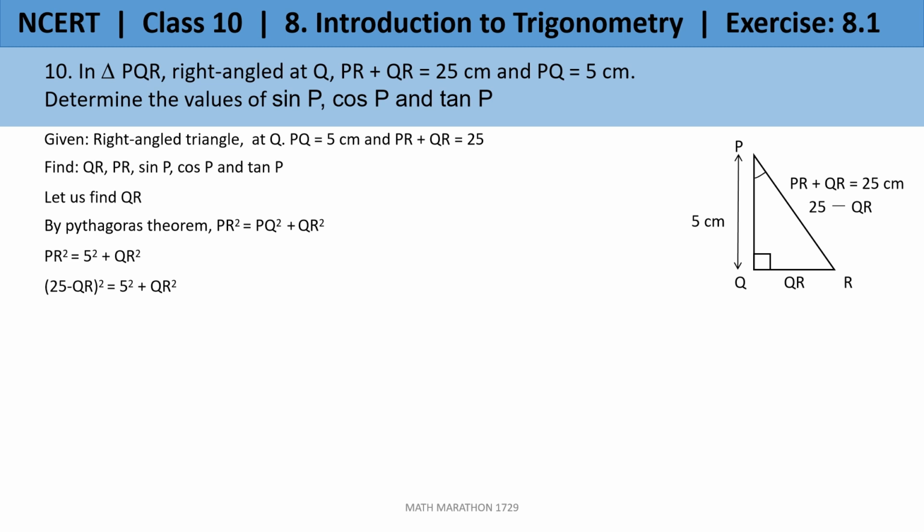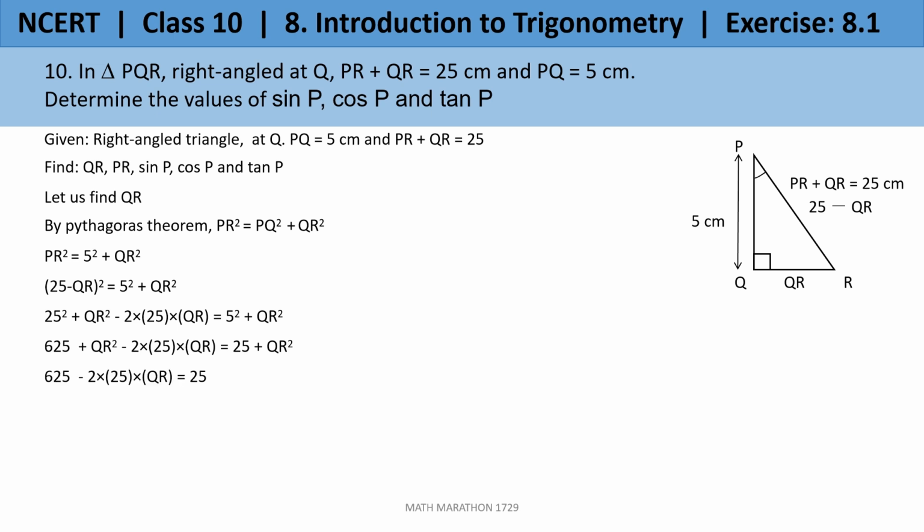We know the algebraic identity: (A minus B) whole square is equal to A square plus B square minus 2AB. 25 square plus QR square minus 2 multiplied by 25 multiplied by QR is equal to 5 square plus QR square. 625 plus QR square minus 2 multiplied by 25 multiplied by QR is equal to 25 plus QR square. Let us subtract QR square on both sides of the equation.